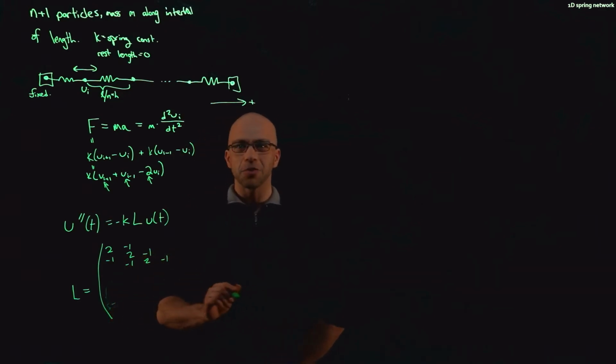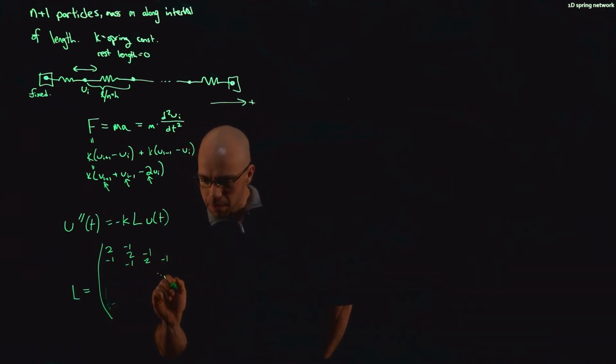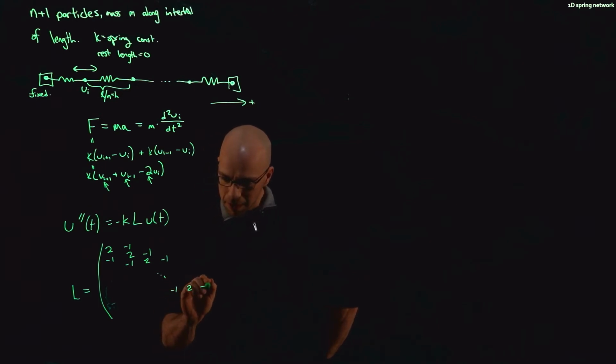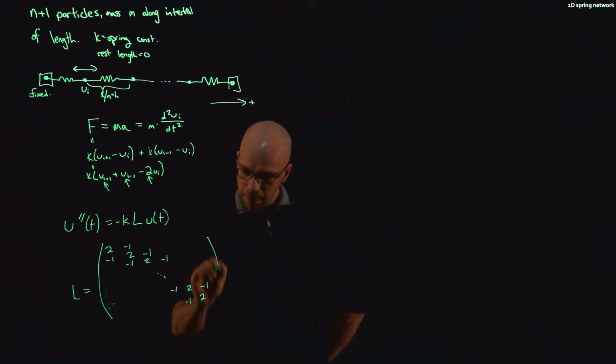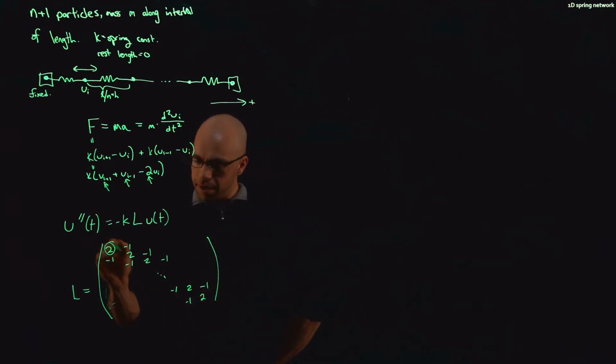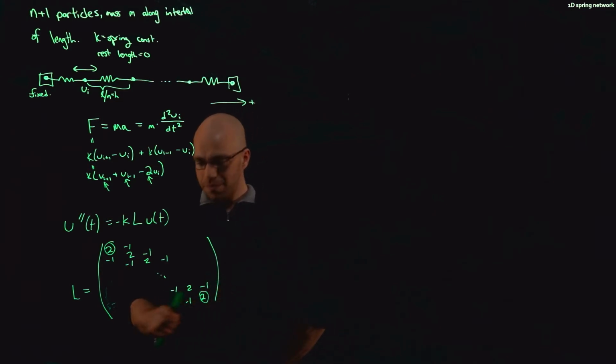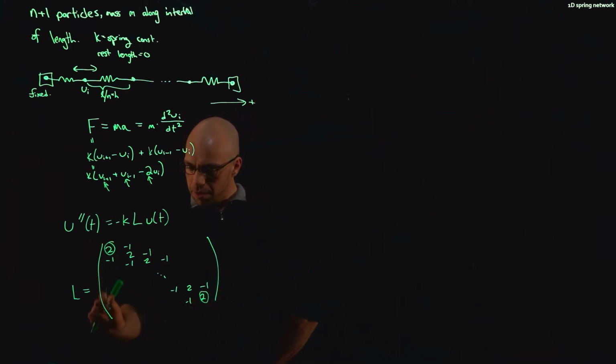Here, if I'm not writing an entry, it just means it's 0. And then the second to last row, minus 1, 2, minus 1, and then minus 1, 2. Incidentally, depending on your boundary conditions, this 2 might be a 1, but we're not going to worry about that a whole lot.